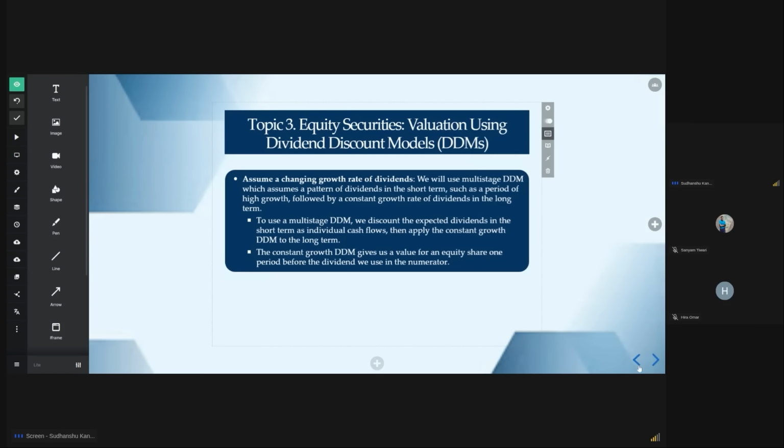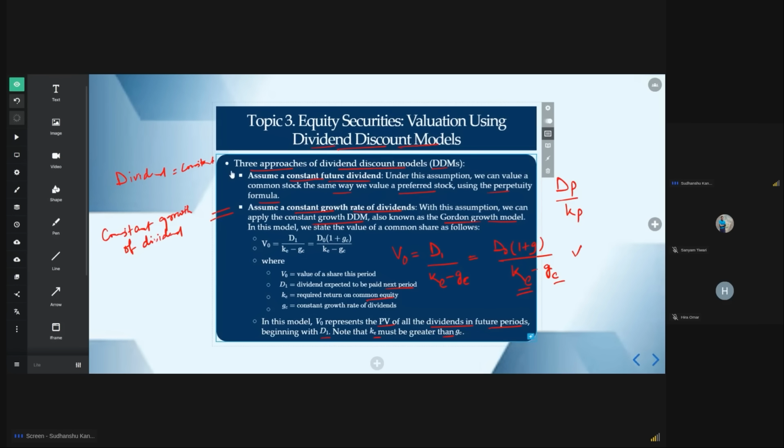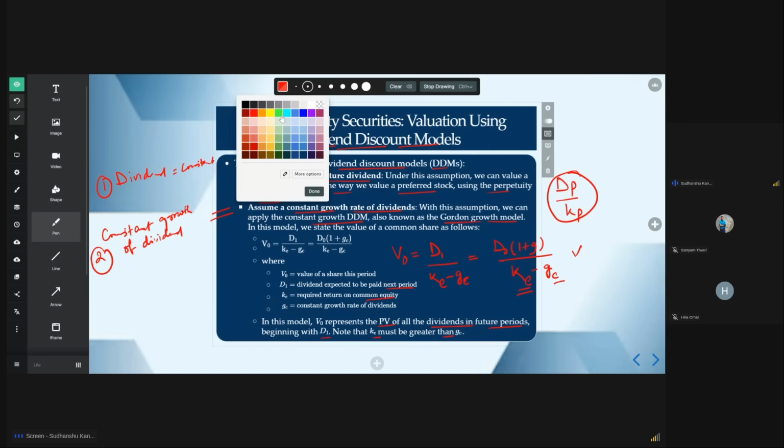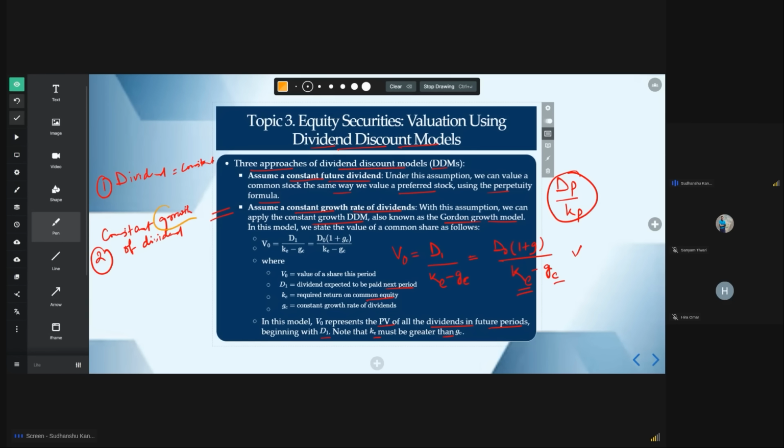So you have seen there are three types here. Please understand, you have to read the question very carefully. If the question says constant dividend, then use this formula. If the question says constant growth, then we have to go to this formula. Constant dividend is not the same as constant growth of dividend.